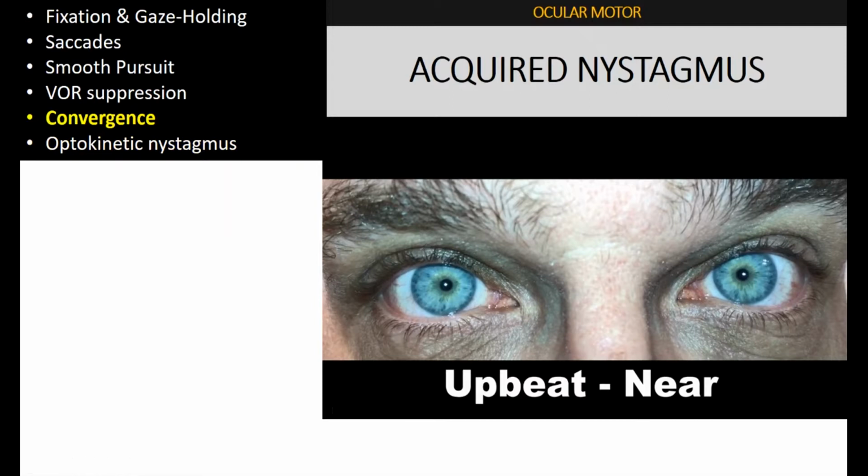So a patient with spontaneous upbeat nystagmus with Wernicke's, their nystagmus can transition to downbeat when they're looking at something close to them, when they're converging the eyes, when they're looking at a near target.